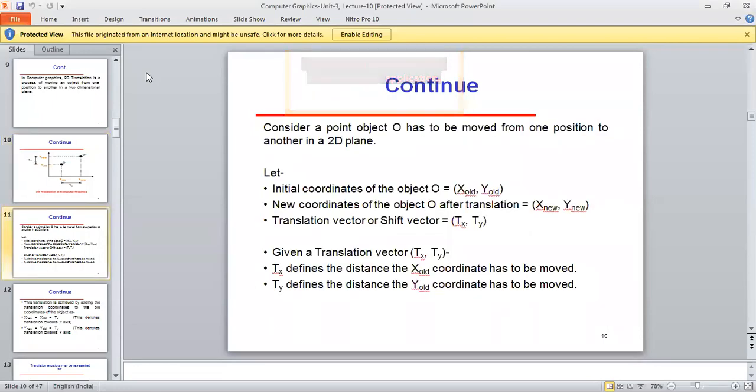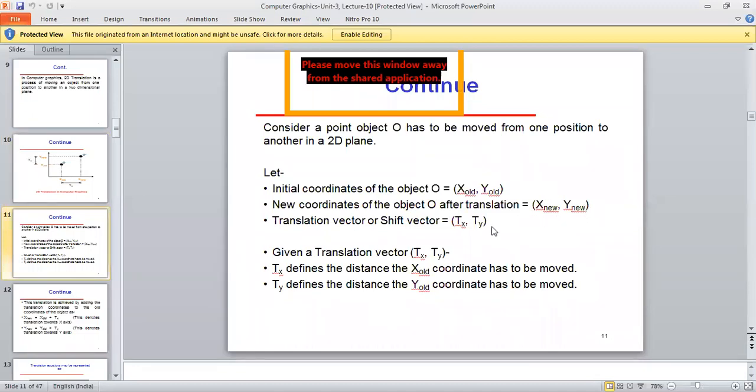So consider a point again. Now we will calculate in this fashion. Your object is here at x old, y old. These are the initial coordinates. Now this is called the translation.